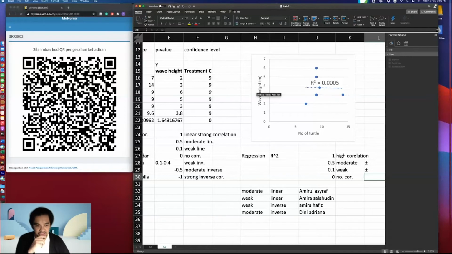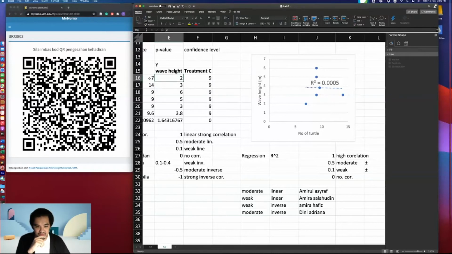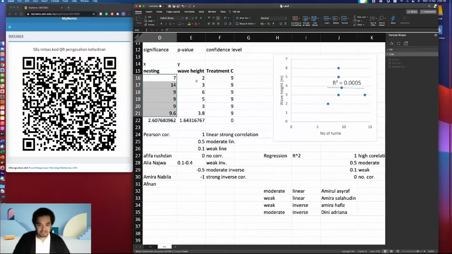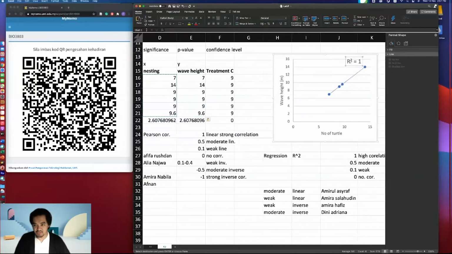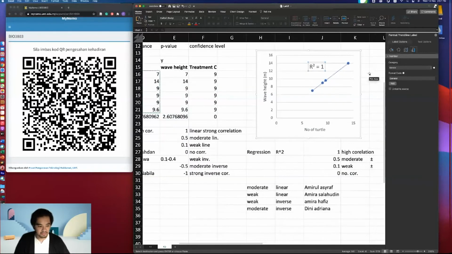If they have a very strong correlation, if I change this with the same exact values, I'm just going to do this and paste. You guys would notice the R squared changes to 1, indicating they have a very strong correlation.